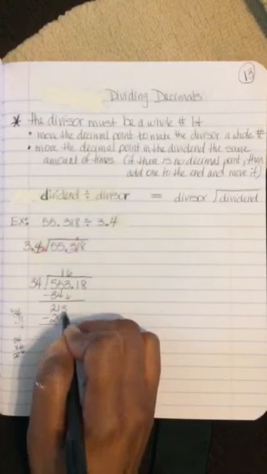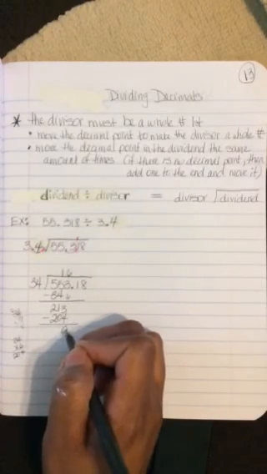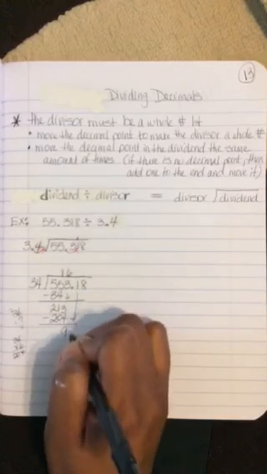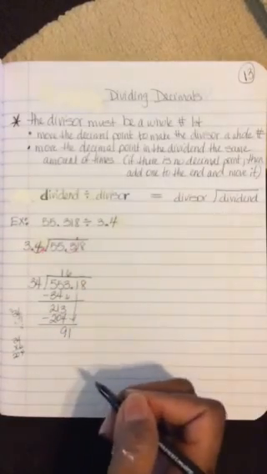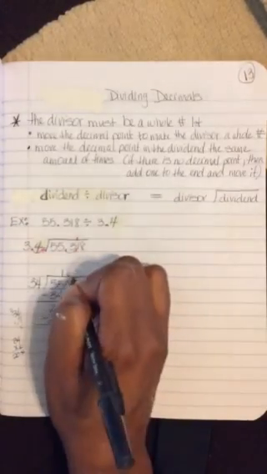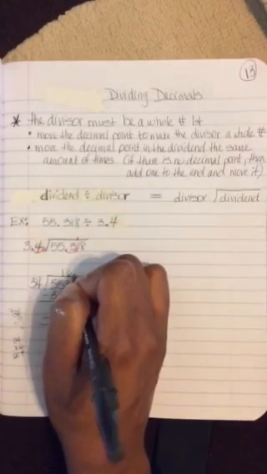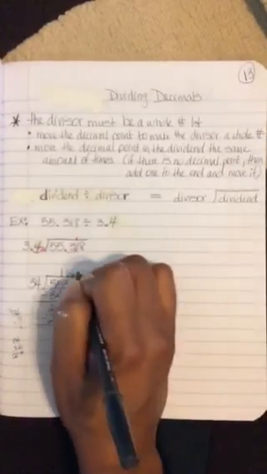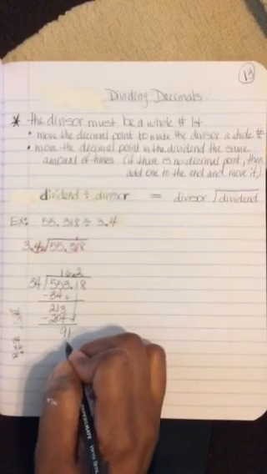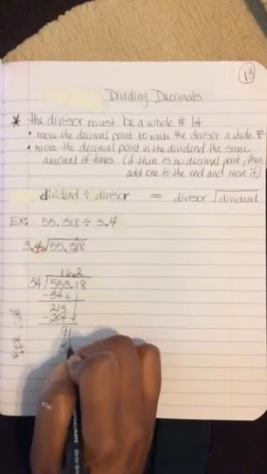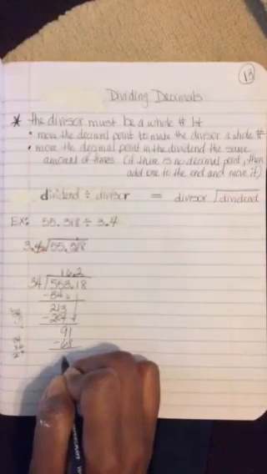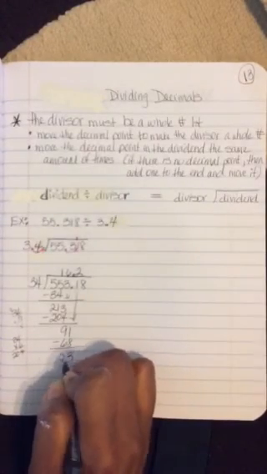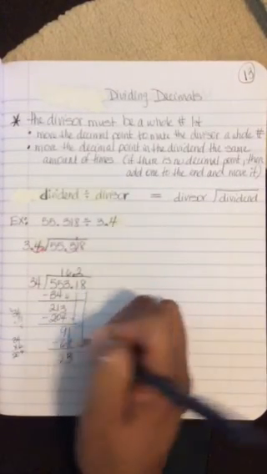Subtract, and we get 13, 9. Bring down your 1. 34 goes into 91 2 times. I have to put my decimal point up there. 2 times 34 is 68. Subtract, and we get 23. Bring down the decimal point.